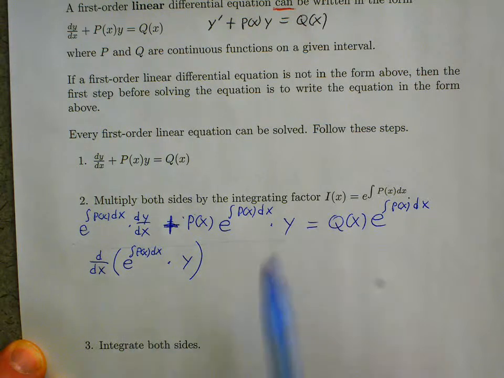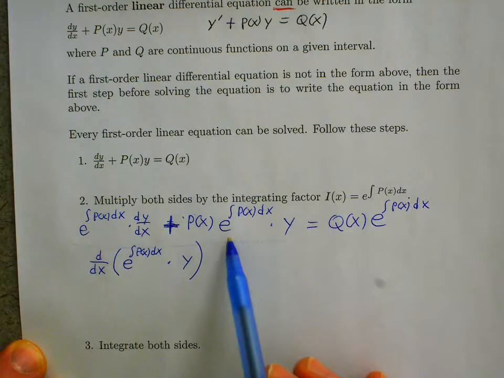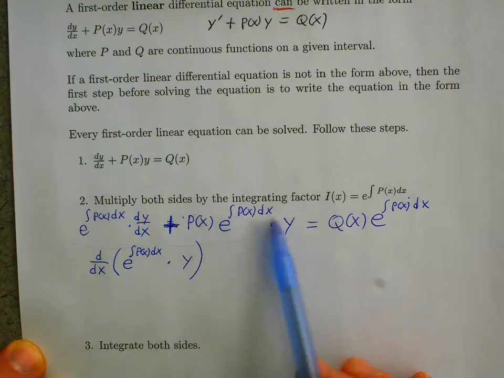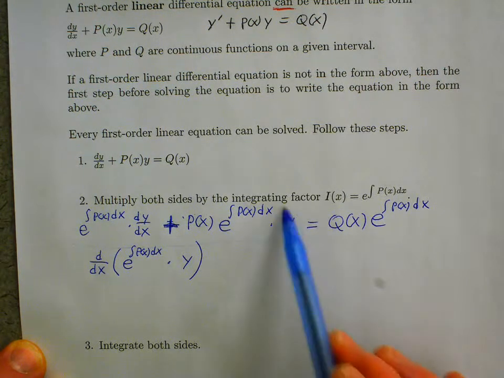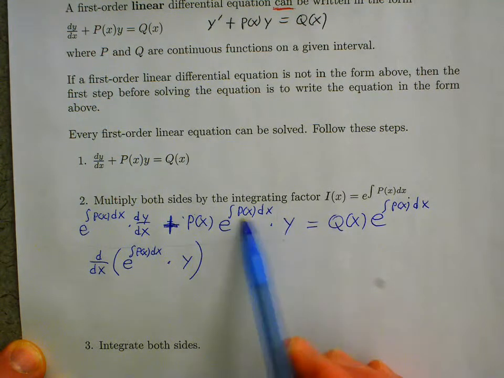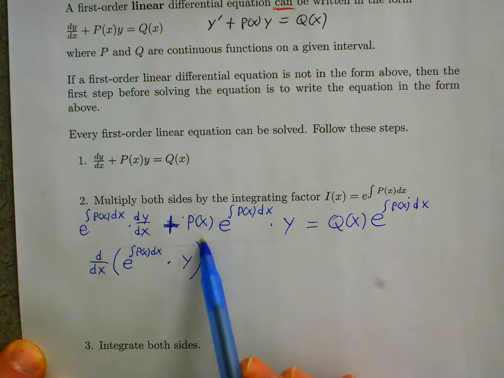And that should make sense. When you take the derivative of e to the integral of p of x dx, then the derivative of the integral of p of x dx is just p of x.